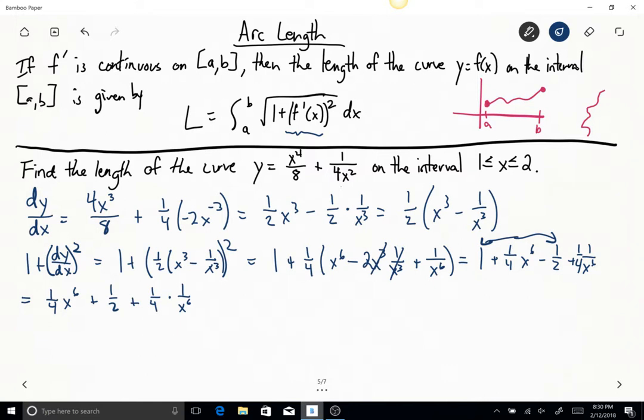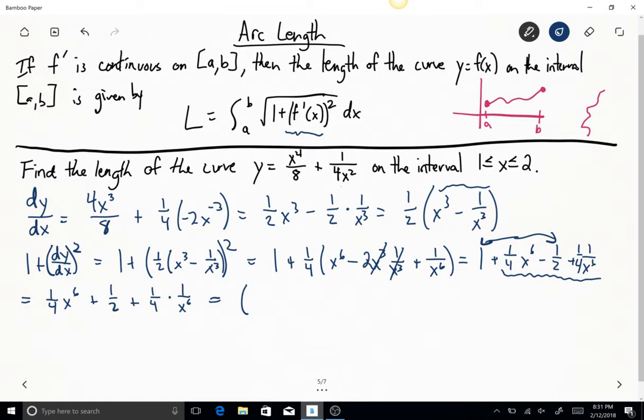Here's the tricky part on this one. This thing is a perfect square. And how can you tell that? Well, notice when we had this, we ended up squaring this component. Notice what happened. We had 1/4 x to the 6th minus 1/2, and then plus 1/4 x to the 6th.